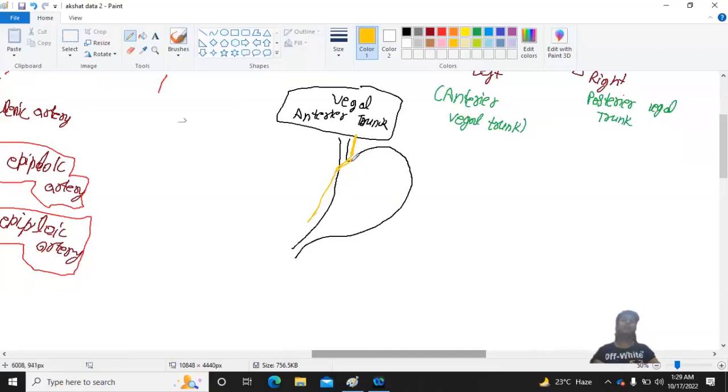It gives another branch, gastric, then one more branch. There are three branches. This is the gastric branch.